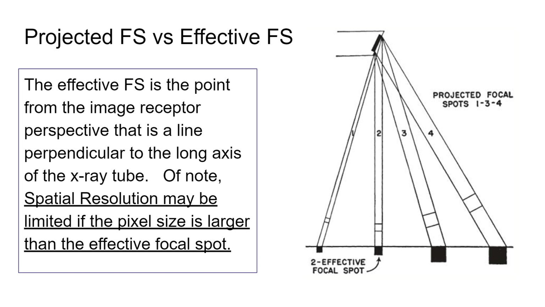You kind of hit a brick wall. Further reductions in focal spot size will not matter unless you can get the pixels to be smaller. Did everyone have a handle on that? So if focal spot is smaller than the pixel, it doesn't matter. That's right, because you're limited by the size of the pixel.